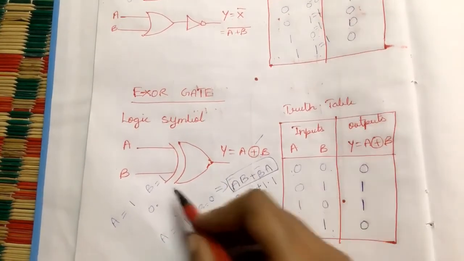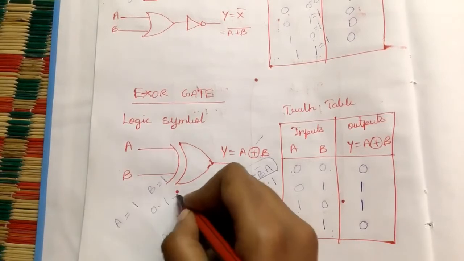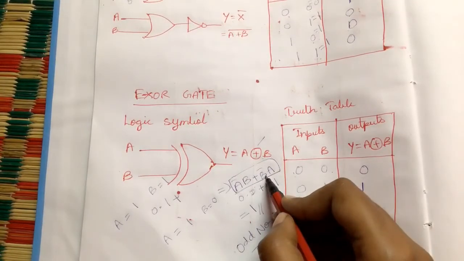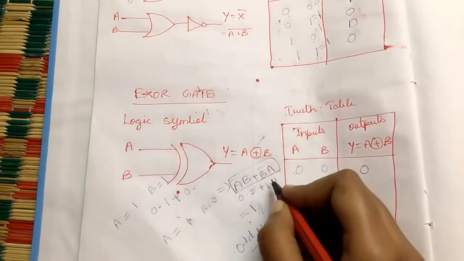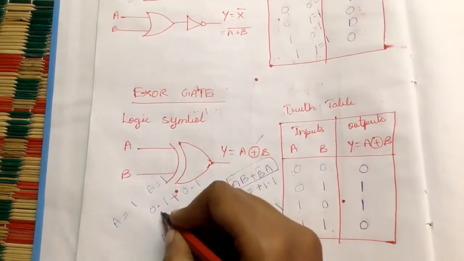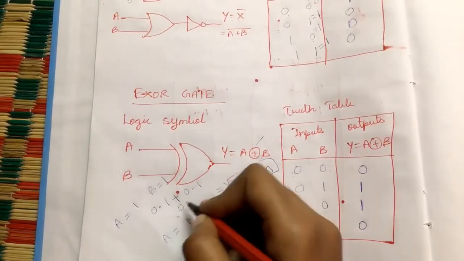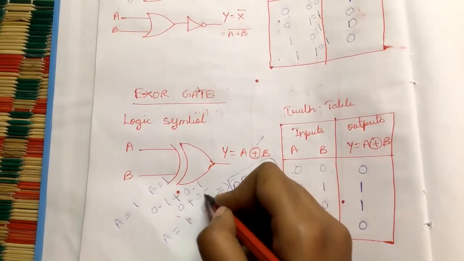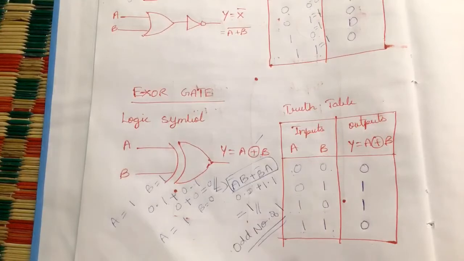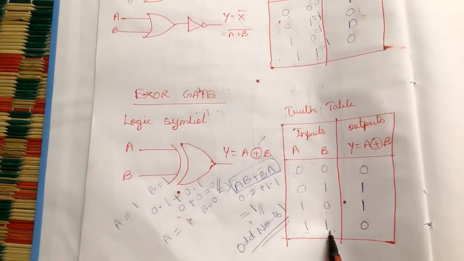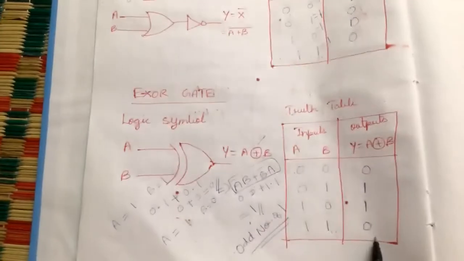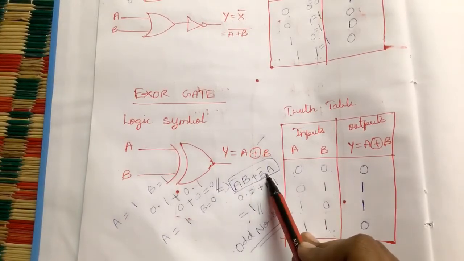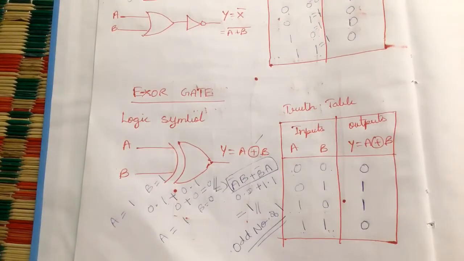Dot B value is 1. Plus B bar value is 0 into A value is 1. So 0 into 1 we will be getting as 0, plus 0 into 1 we will be getting as 0. So the output will be 0. So 1 XOR 1 we will get as 0. For everything you can substitute in this itself and draw the truth table.